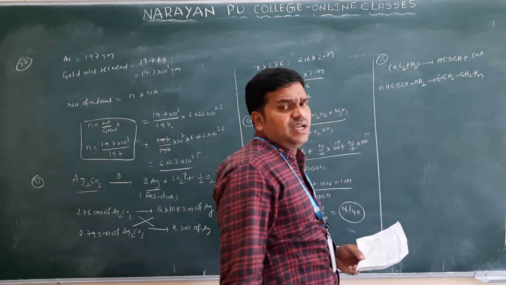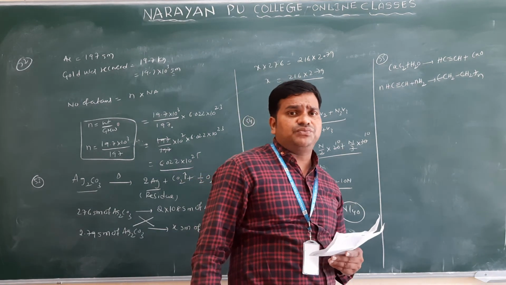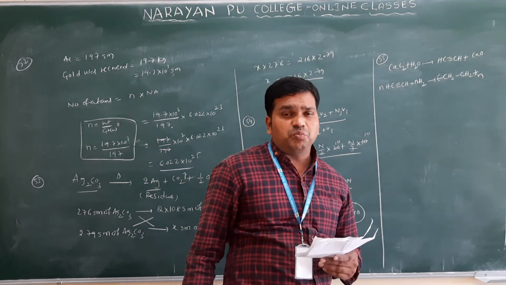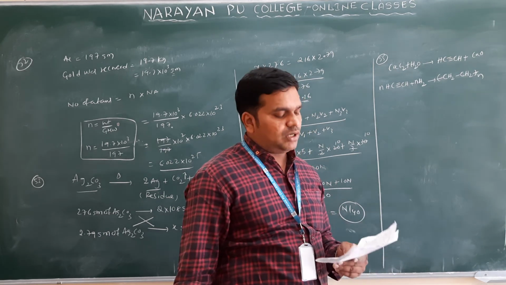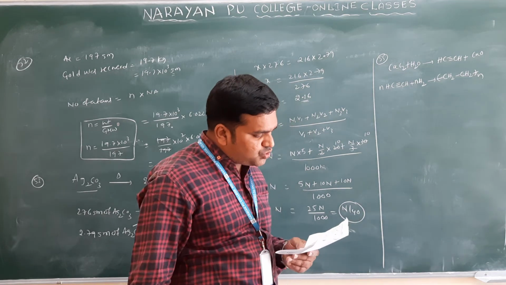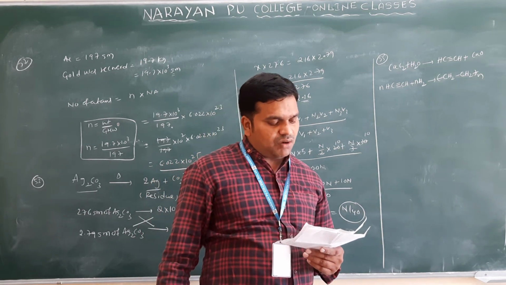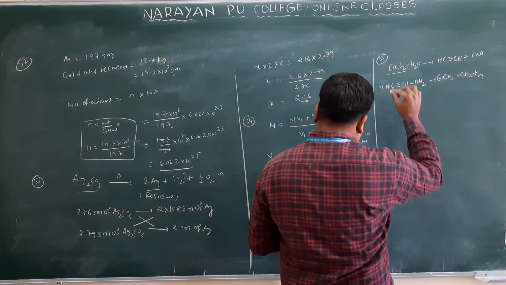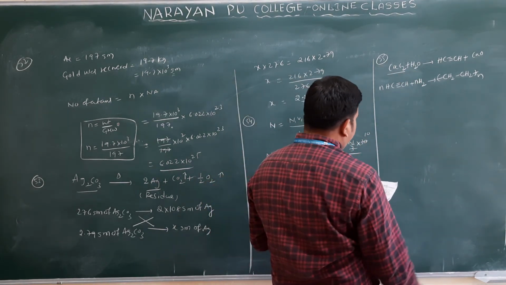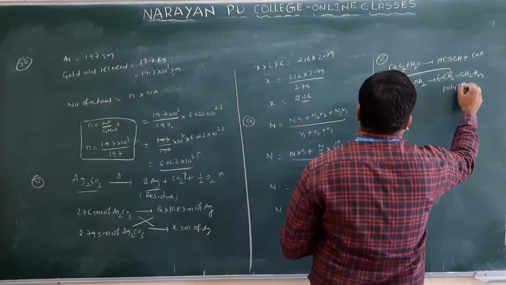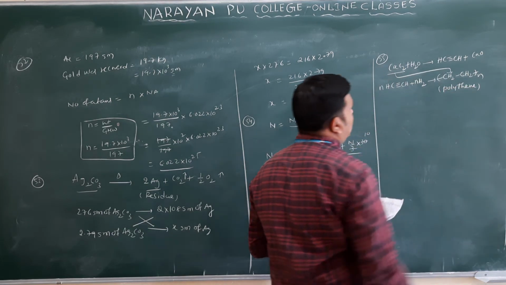The first reaction is the preparation of acetylene from calcium carbide. The second one is the preparation of polythene from ethene. Now the question is, the mass of polythene which can be produced from 20 kg of calcium carbide. If you take 20 kg of calcium carbide, how much polythene can be obtained?